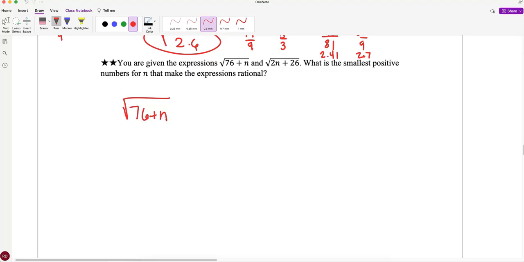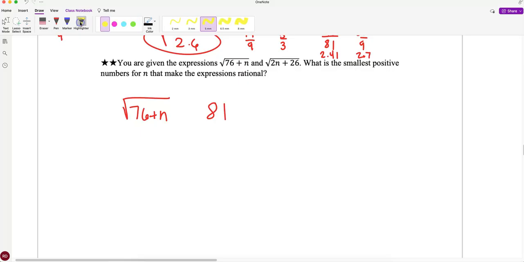What I'm looking for is a perfect square that's bigger than 76. What is 8 times 8? 64. 9 times 9 is 81. Okay, so 81, that's the next perfect square. So if I had an 81 under there, I could take the square root, okay, and get 9.